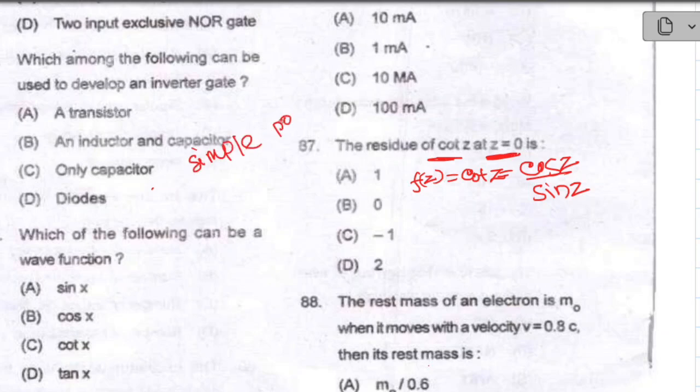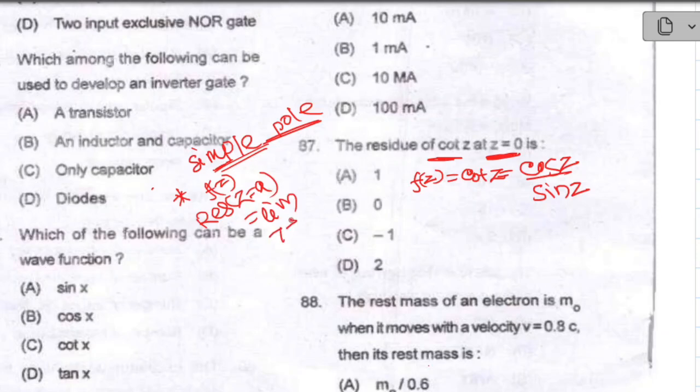So you need to remember how to find the residue of a complex function for a simple pole. There are two formulas you can remember. For a simple pole of f of Z, the residue at Z equals A, where A is the simple pole, is directly the limit as Z tends to A of (Z minus A) times f of Z.